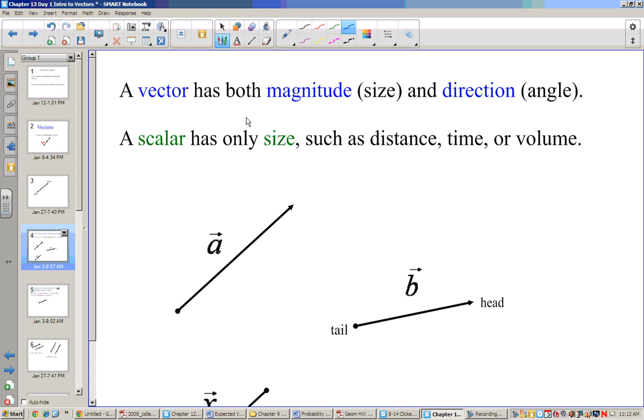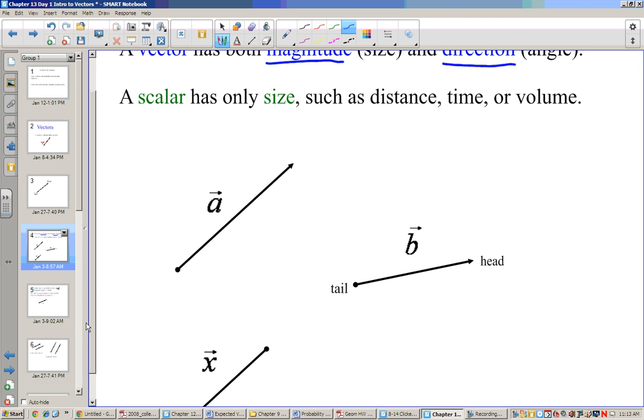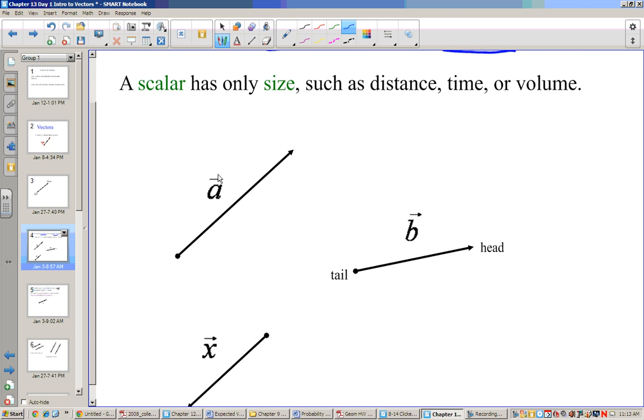Now a vector has both magnitude and direction. So it has a size, and then it has some angle that it's going to go off at. Say this vector A: it's as strong as it is long, and it's going up and to the right. Now a scalar just has size, such as distance, time, volume.